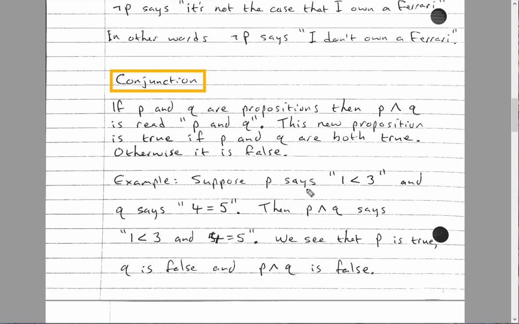Example, suppose P says 1 is strictly less than 3, and Q says 4 equals 5. Then what about the conjunction P and Q? It says 1 is less than 3 and 4 equals 5.